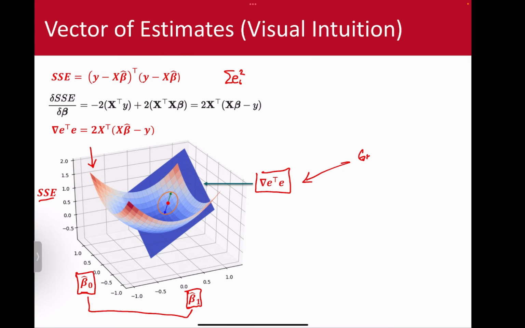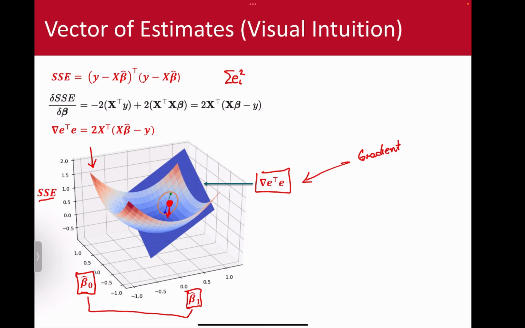Just think of the gradient as if you were driving over a road, and there might be a gradient that is going up, a gradient that is going down. So if you are here and you're trying to go to the lowest point, then your direction for the gradient might be just to go down.